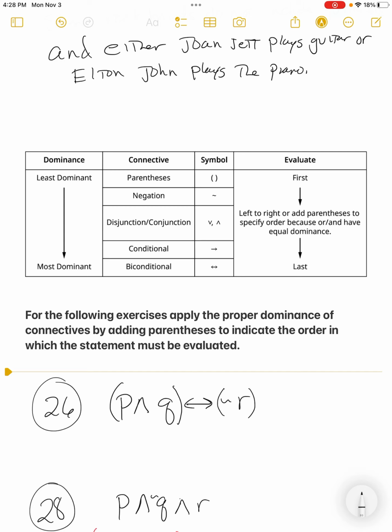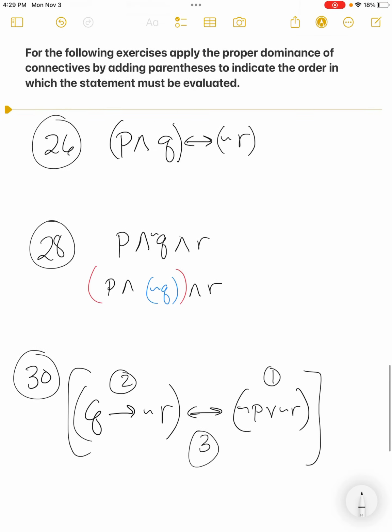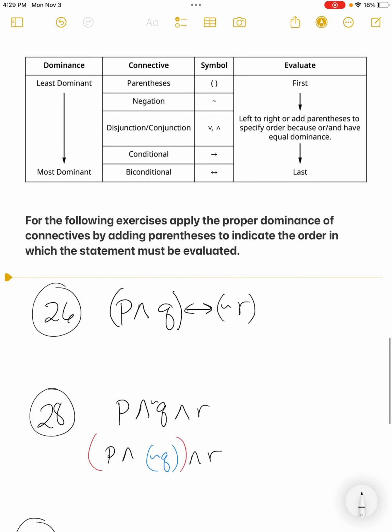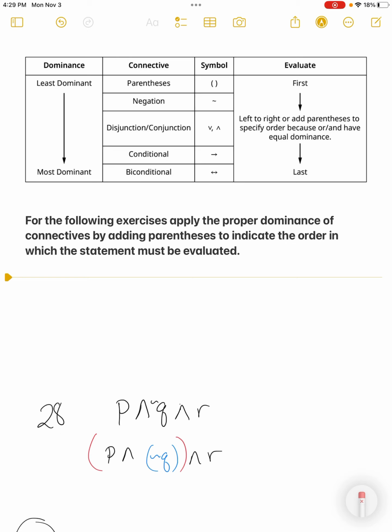And so the parentheses that are used or not used is really important. There is a difference between something like P and Q implies R, right? Because what would the order of operations be? Actually, let me write that up here.